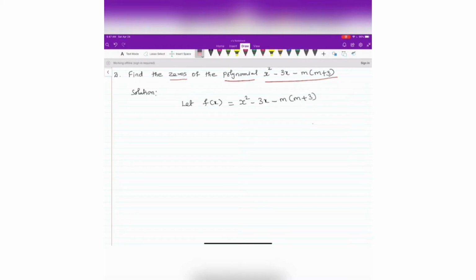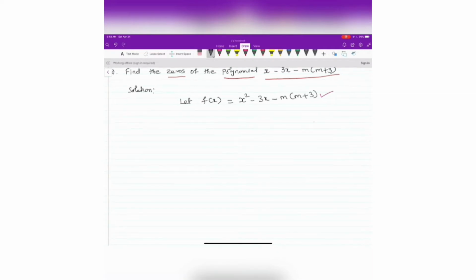Usually, if a quadratic polynomial is given, we split the middle term and then find its factors. But if you look at the given polynomial, it is not possible for us to split the middle term. But we can make slight modifications in such a manner that the polynomial will remain the same.